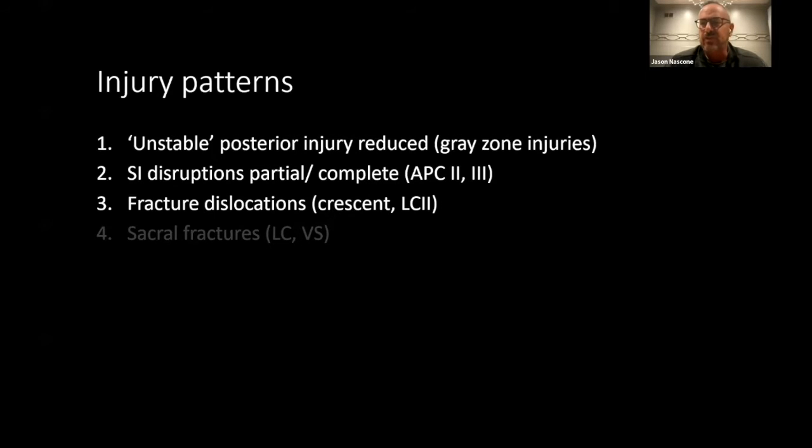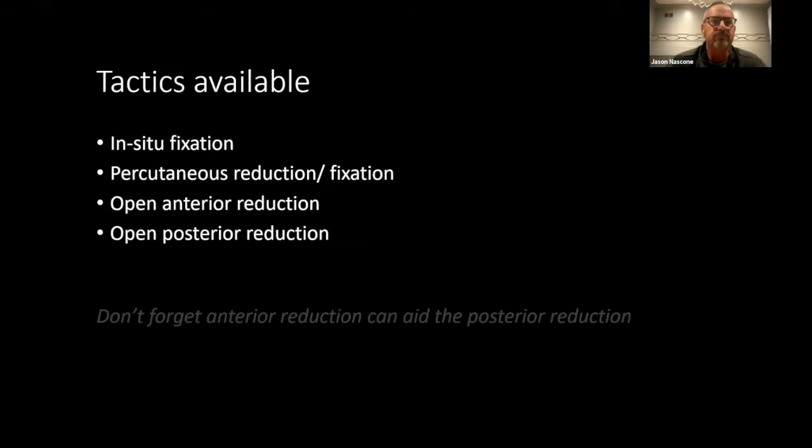Thirdly would be fracture dislocations of the posterior pelvis, and this is a crescent fracture or an LC2 pattern. And lastly will be sacral fractures. The majority of these sacral fractures are some sort of lateral compression, but they can also be classified as vertical shear in some situations, but we're usually talking about complete sacral fractures.